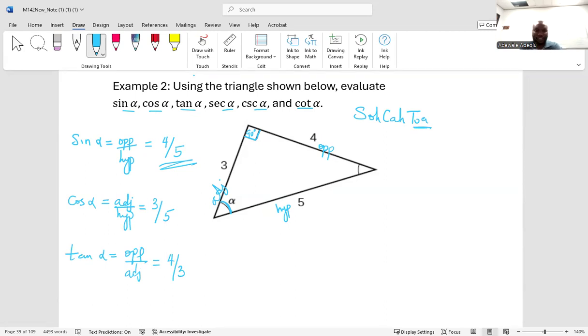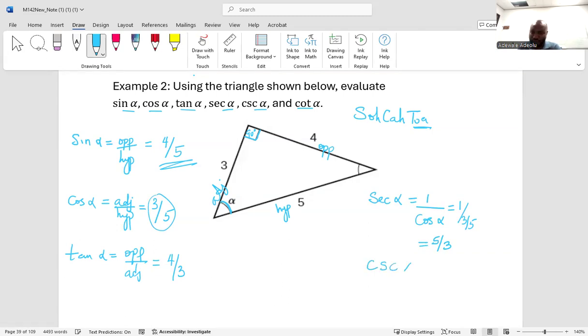Next, we look at secant of angle alpha. Remember that secant is the reciprocal of cosine of alpha, which is 1 divided by the cosine of alpha. We know it to be 3 over 5, so the reciprocal of that would be 5 over 3.